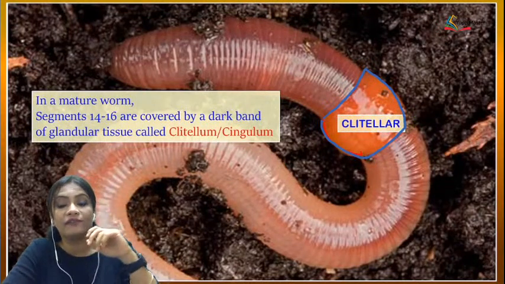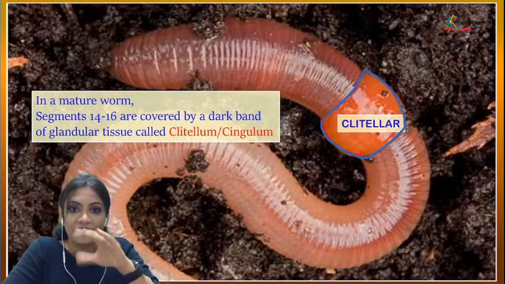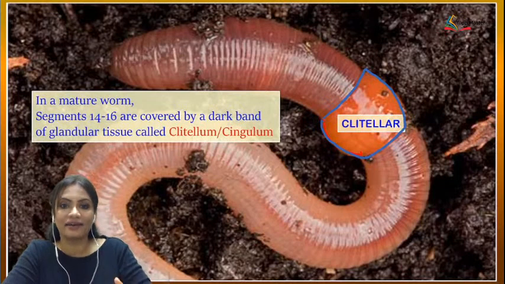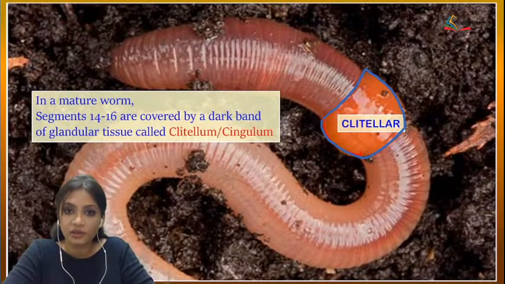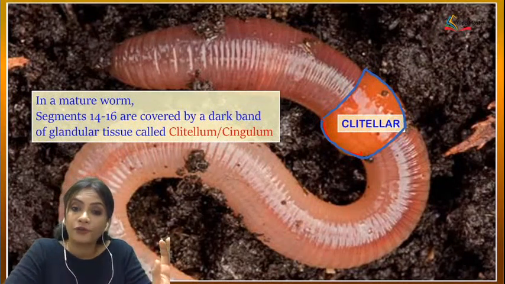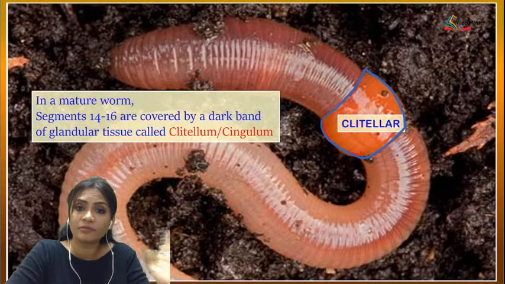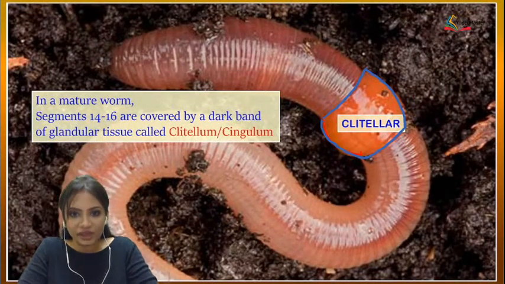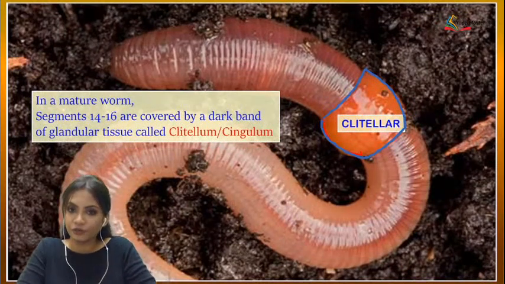Now, when we see a mature worm, I told you that a mature earthworm has around 100 to 120 segments. From 100 segments, there will always be the first segment and then the last segment. But how do we know which segment is the first one?